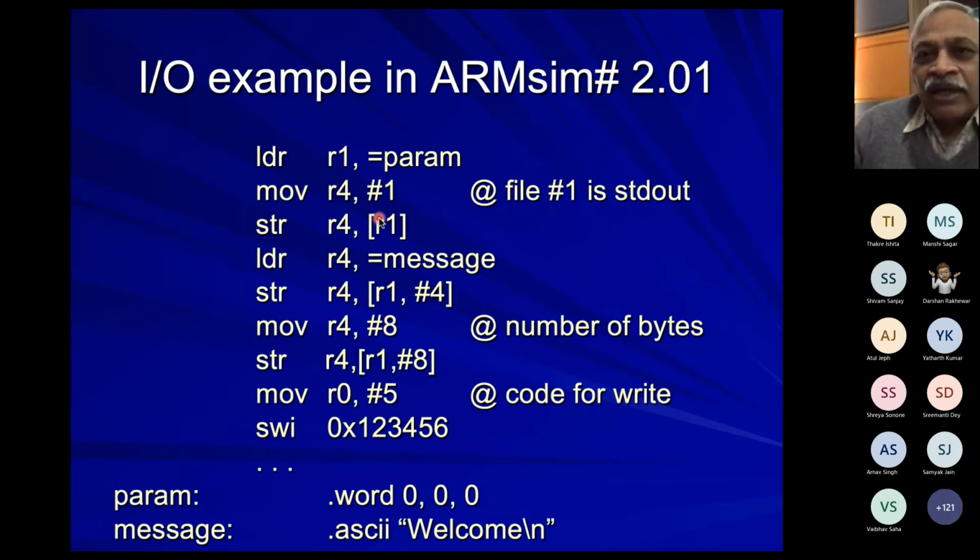It's done slightly differently in the current version of ARMSim. Let me bring your attention to this SWI here. Instead of giving different codes, it has one fixed specific code, 1, 2, 3, 4, 5, 6. These are 6 hexadecimal digits, so it's a 24-bit number you are specifying here.